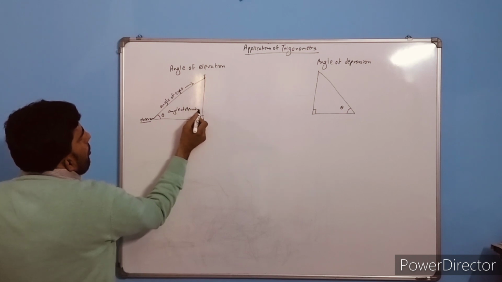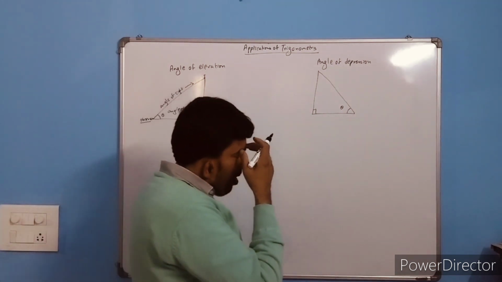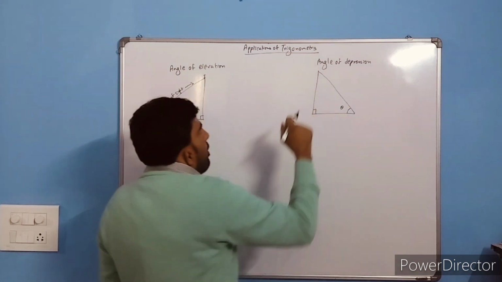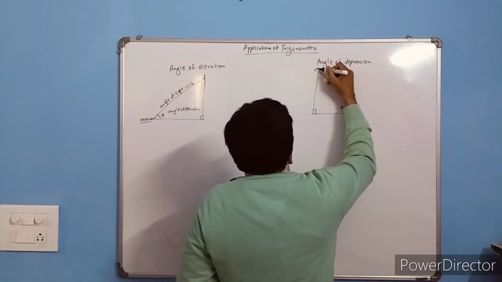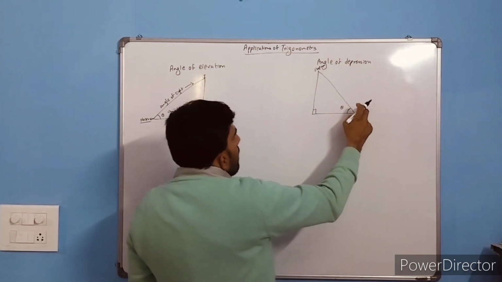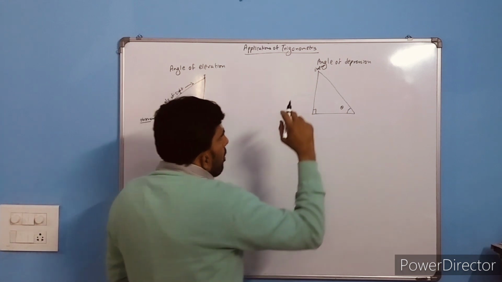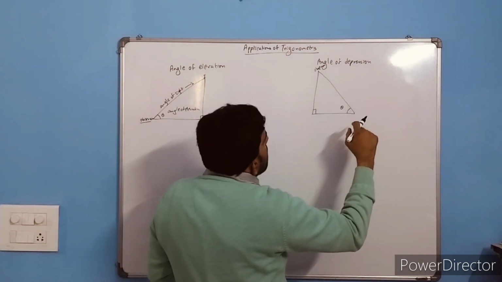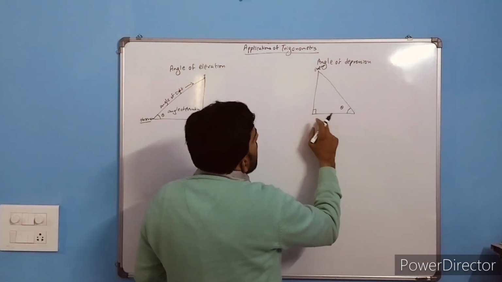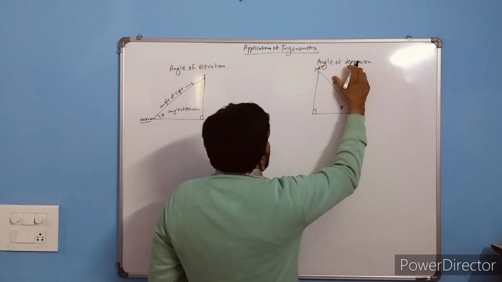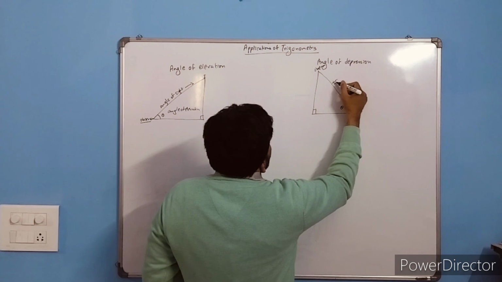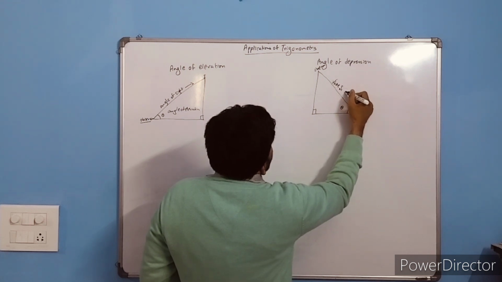But on this side, for example, if a building is there and on the top floor one observer is there, and he is trying to see at some distance on the road on which the building is there, that is here I'll write line of sight.